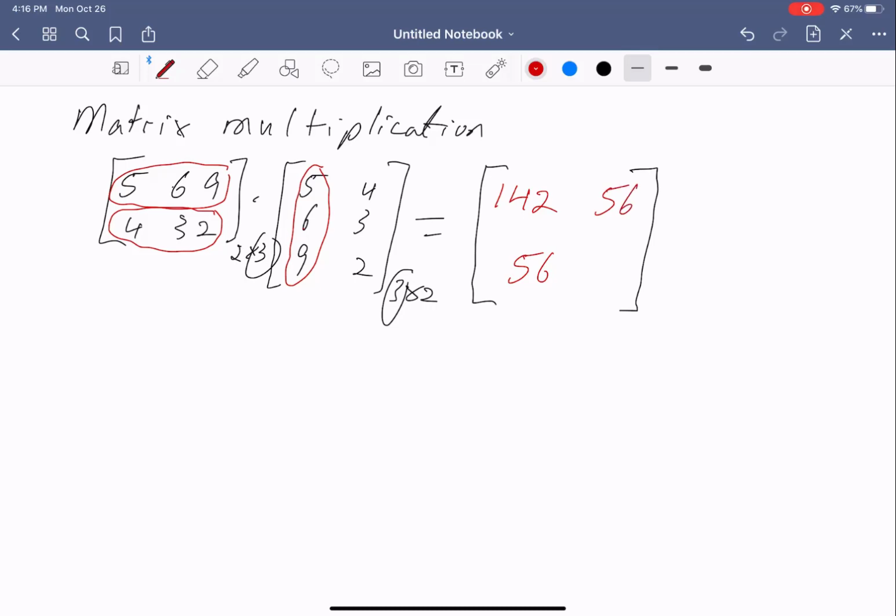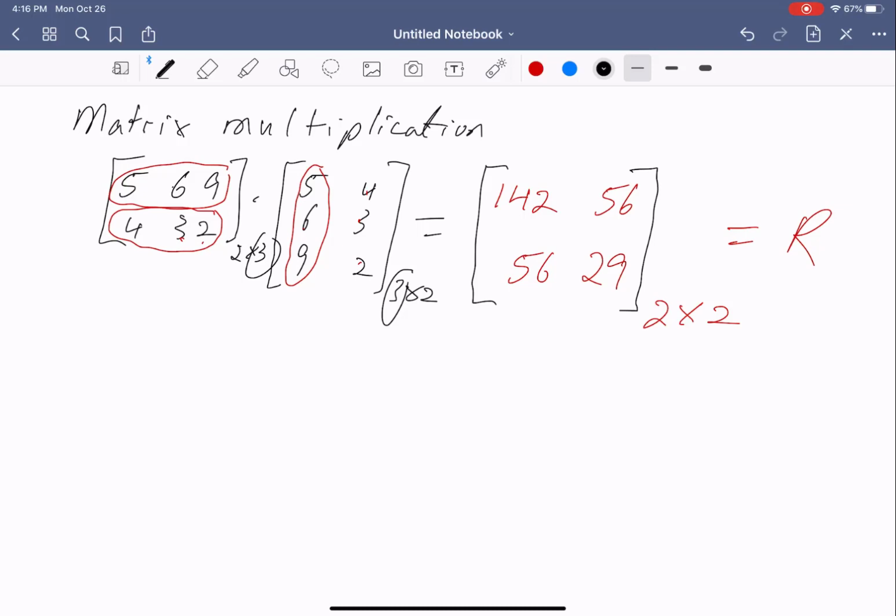And now we multiply 4 times 4 is 16, plus 9 plus 4. So that's 29. And this is a 2 by 2 matrix, and let's just call it R. Okay?